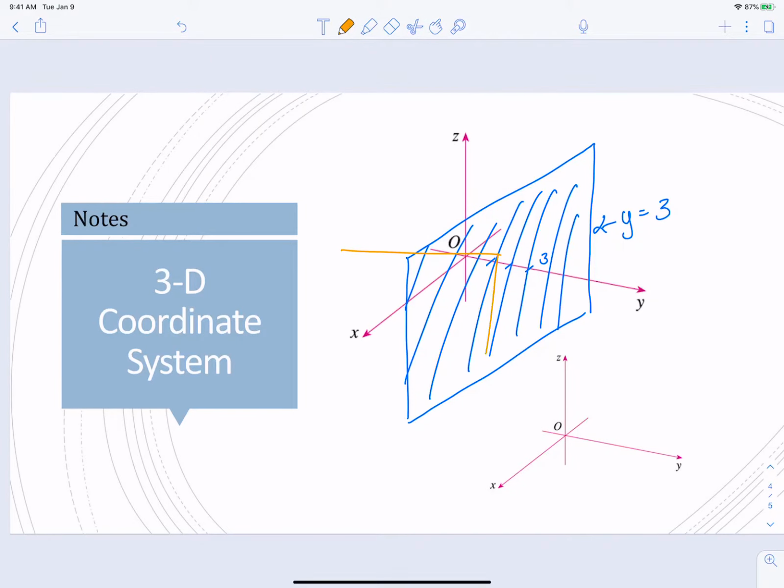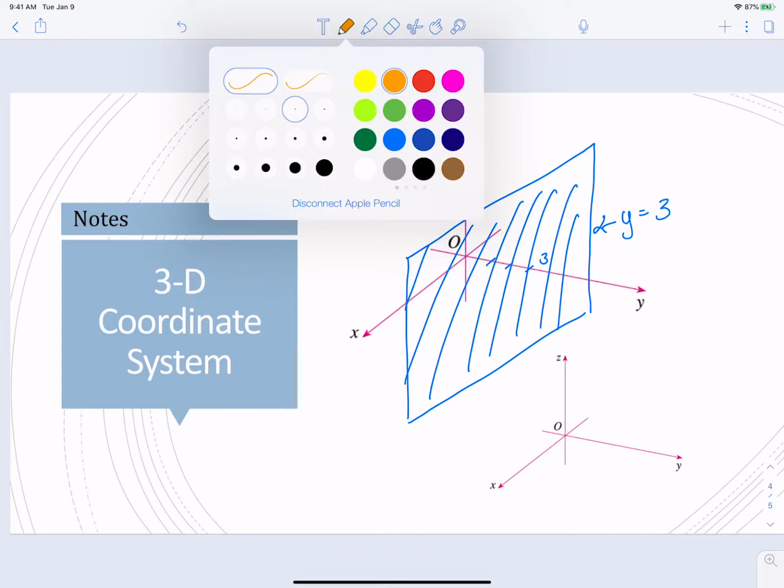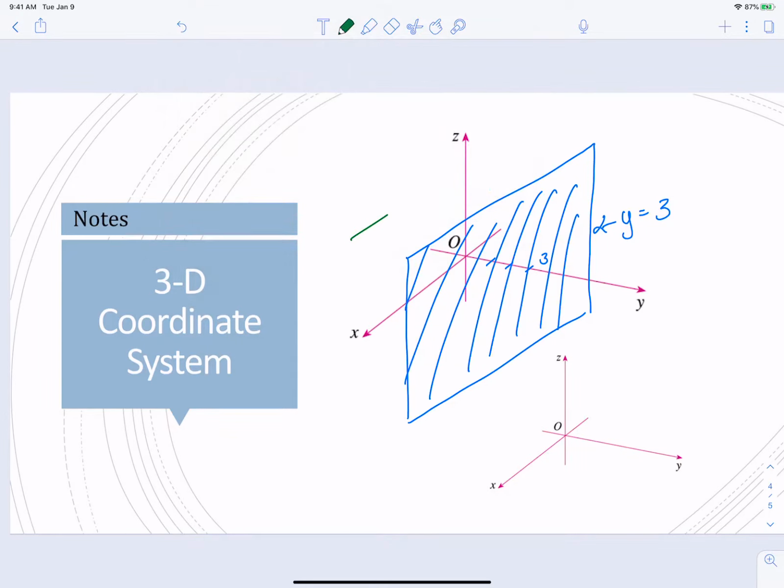That would be going this way. Again, not good at drawing things. And if we had a z equals plane, it would look flat. So I kind of view these as pieces of paper, sort of infinitely big. And we'll talk about what it looks like when we take that plane and we just tilt it a little bit so it has a slope to it, and it's not vertical.